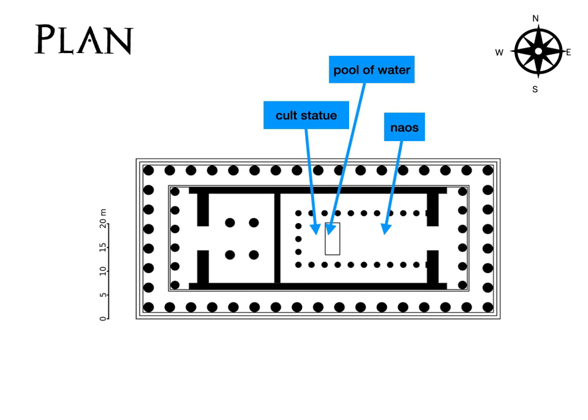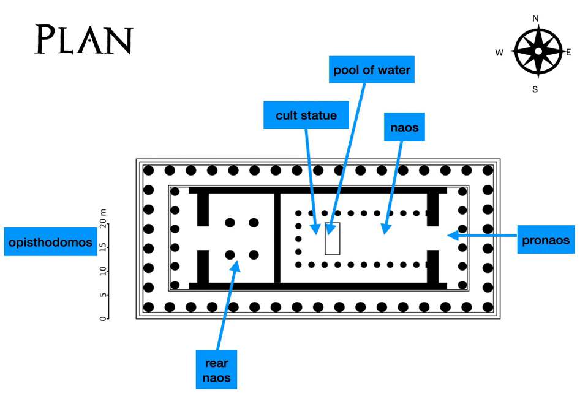And that water was used to keep the ivory of the statue moist. Unusually, however, it also has a rear naos. It has a smaller back room, which was used to store the treasury of the Delian League. Then we've got that front porch, the pronaos, in front of the naos at the eastern end, and balancing that out on the back, we've got the opisthodomos, the back porch.